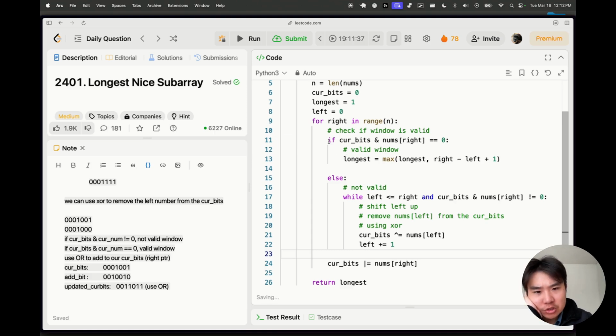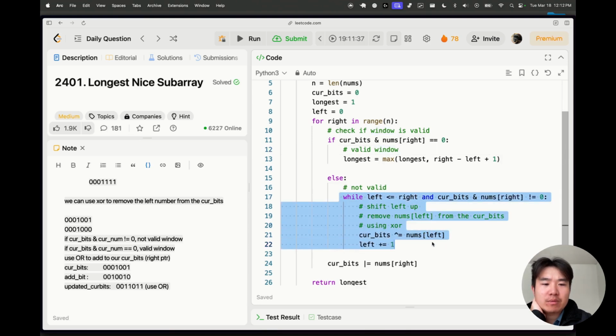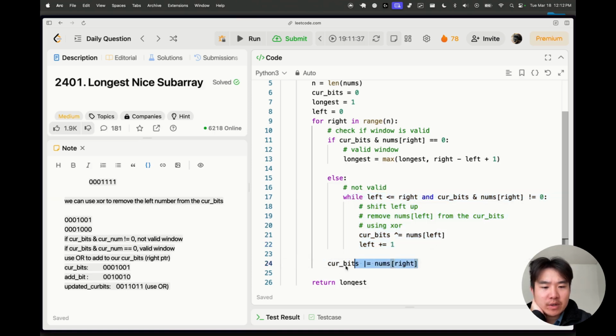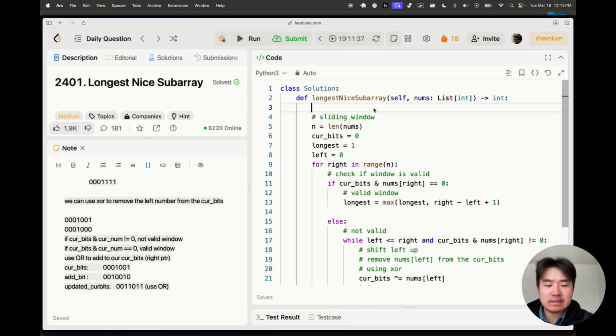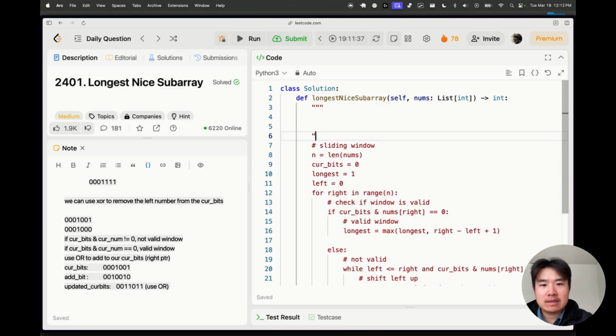Just because it's a valid window doesn't mean we should add cur bits right away. Or if it's not a valid window, we want to bring it back to 0, right? We want to bring it back to 0 before adding the nums right to our current cur bits, and adding as in or equals.